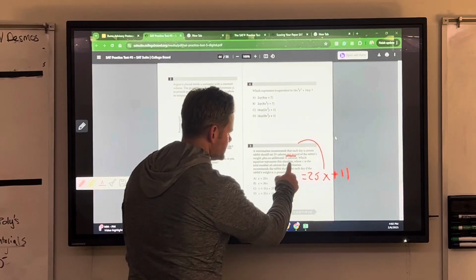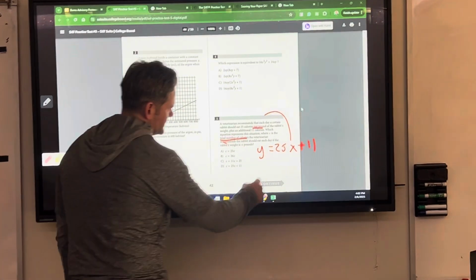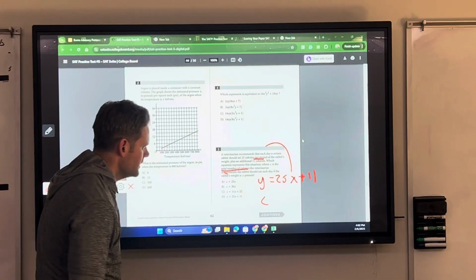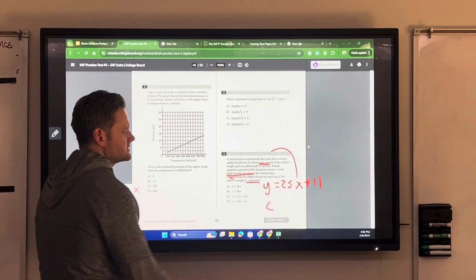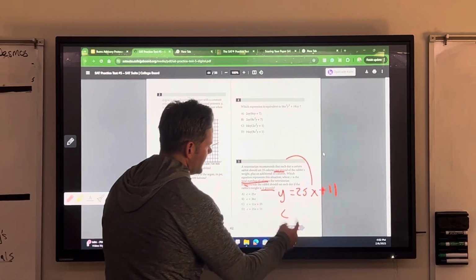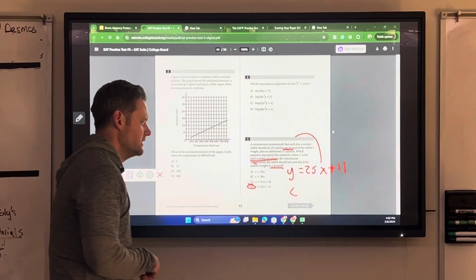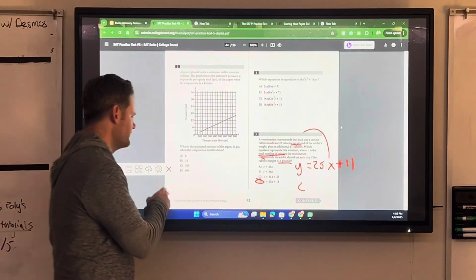C is the total number of calories, so C is going to be my y. And if the rabbit's weight is x, I already wrote that equation, so I just need 25x plus 11, right? And that answer is D. So finally I get my first D on the board, number 5 here.